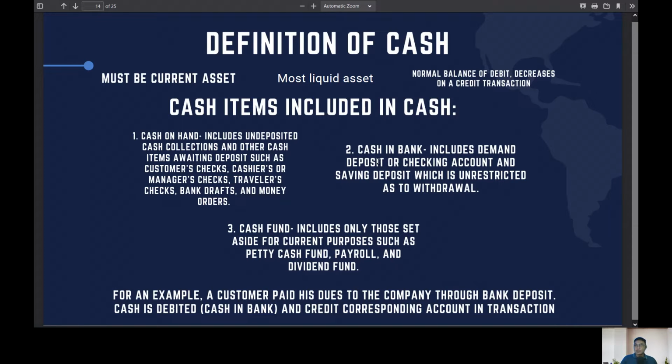Cash in bank includes demand deposit or checking account and savings deposits, which are unrestricted as to withdrawal. Cash fund includes only those set aside for current purposes, such as petty cash fund, payroll, and dividend fund.